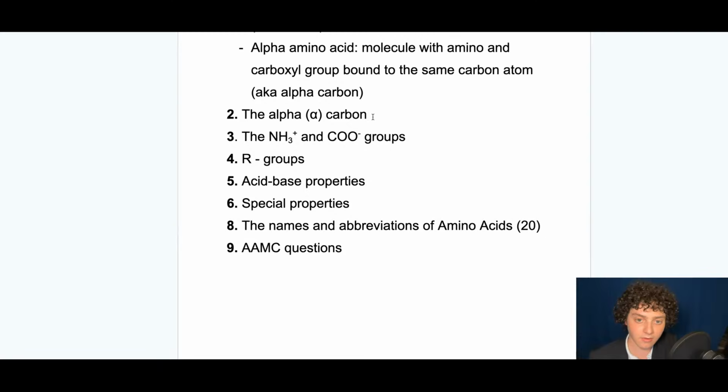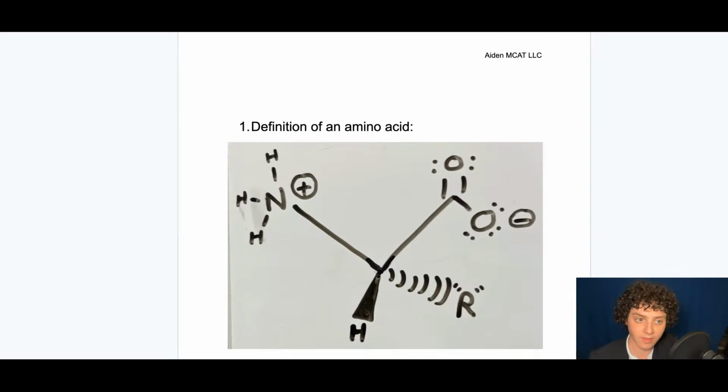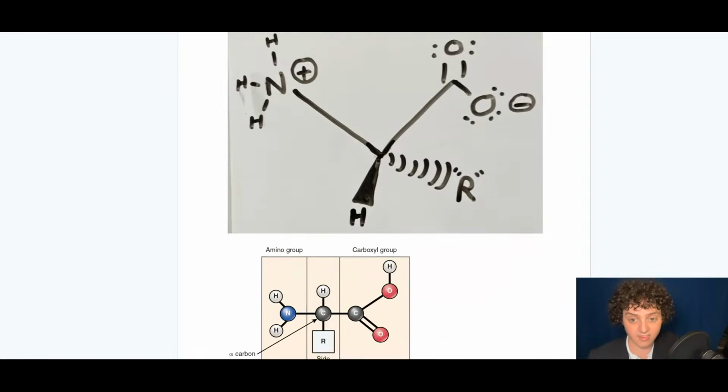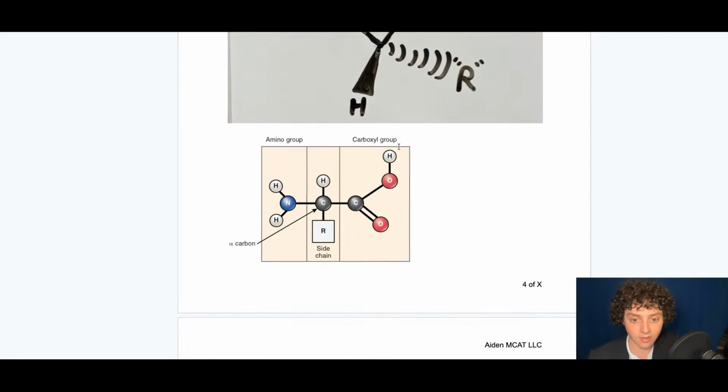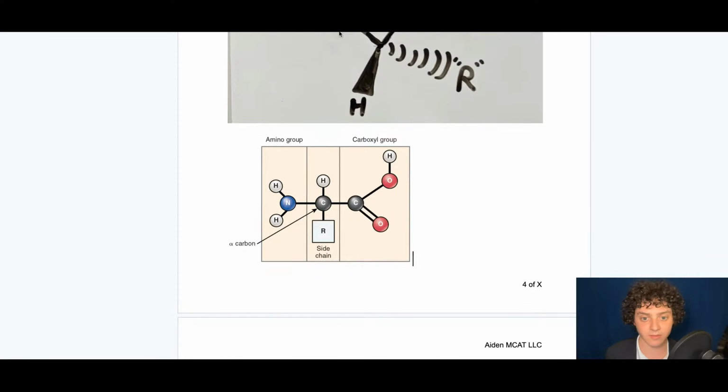Okay, so before I get into the nature of that carbon and what makes that carbon so important as the center of our molecule, I just want to show another depiction of this fundamental amino acid model. Here you have the amino group on the left. This is a figure from the textbook that I referenced earlier.